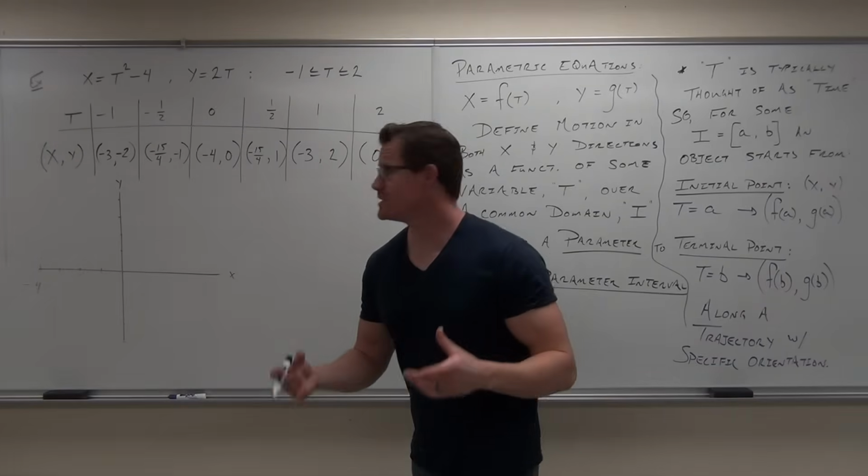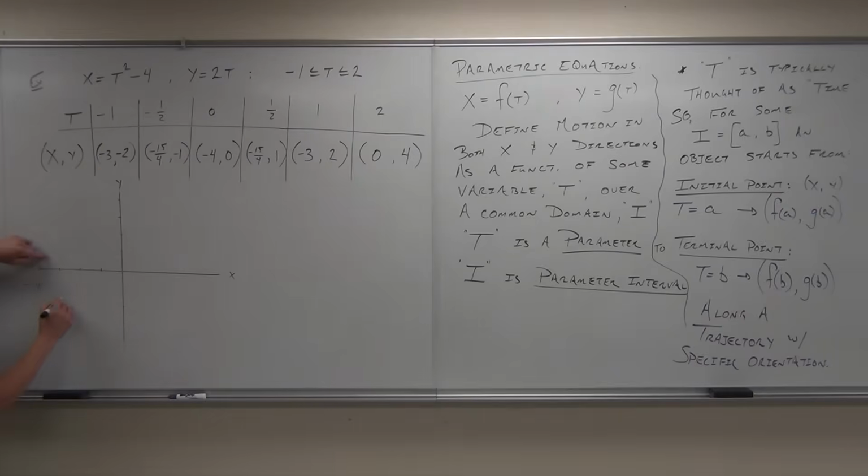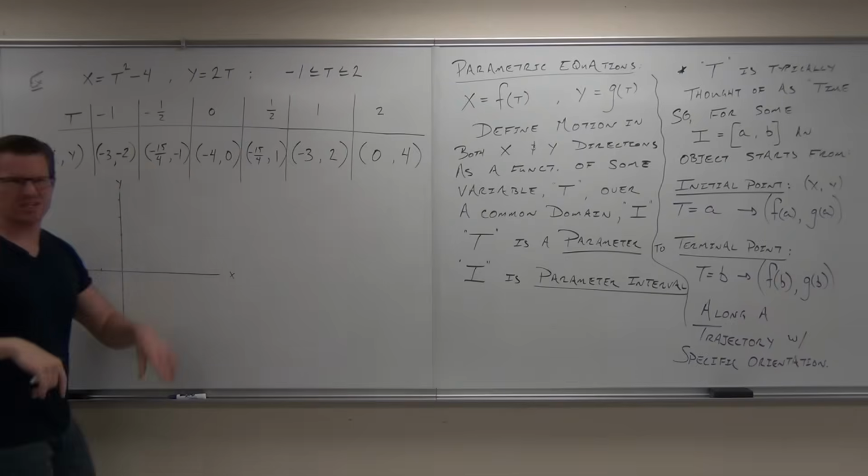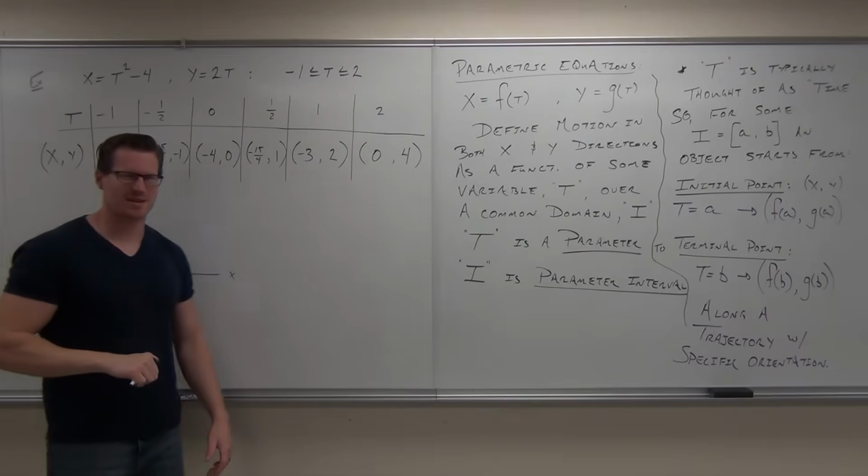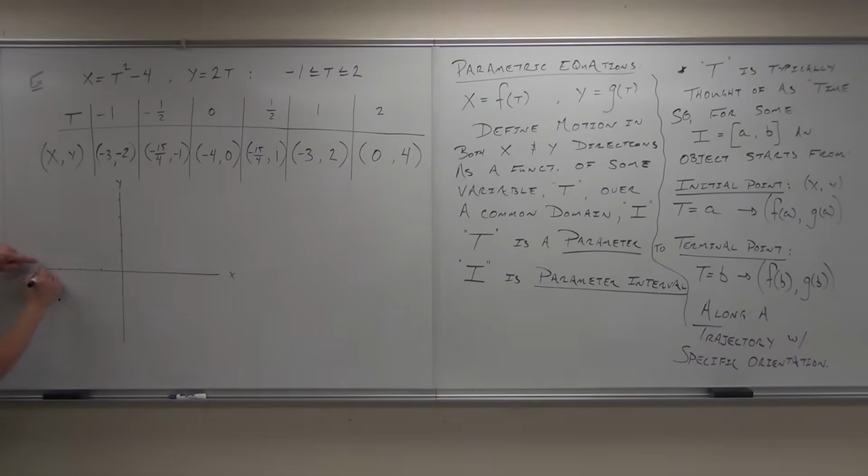This should be easy for us. -3, -2 is here. -15, how much is -15 fourths? Almost like -3 3/4. That's exactly -3 3/4. So it's right here, and then -1 is right there. We have -4, 0. We know how to plot that. We're just plotting points. Same thing, but at +1. Okay, we got that. And then we have -3, +2, and then we end at 0, 4.